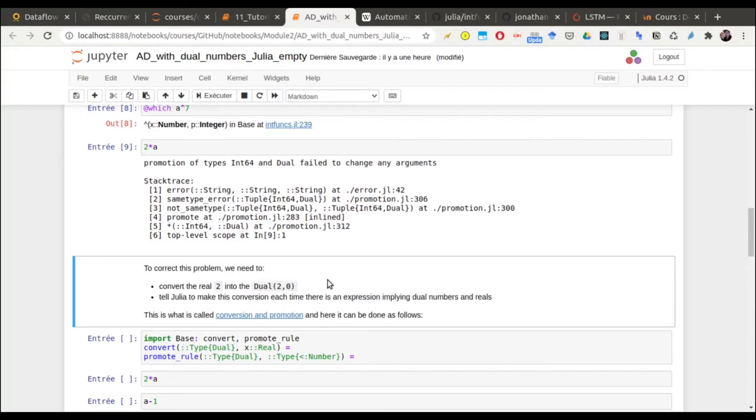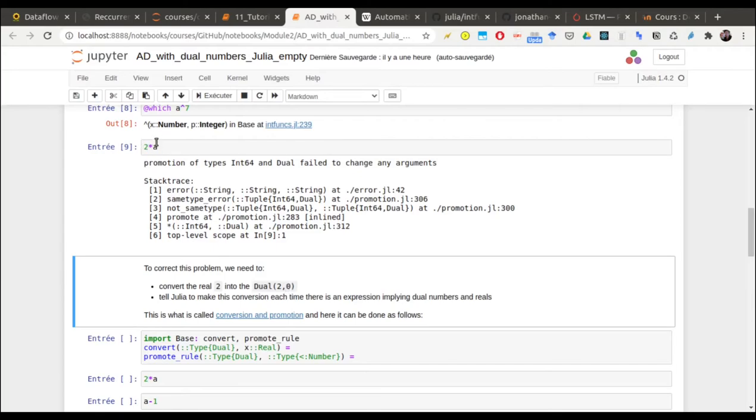So if this is what I want to do, what I have in mind when I'm doing this 2 times a is that this 2 is the coefficient of my polynomial. So this is exactly like transforming it to a dual number where the value is 2 and the epsilon part is 0.